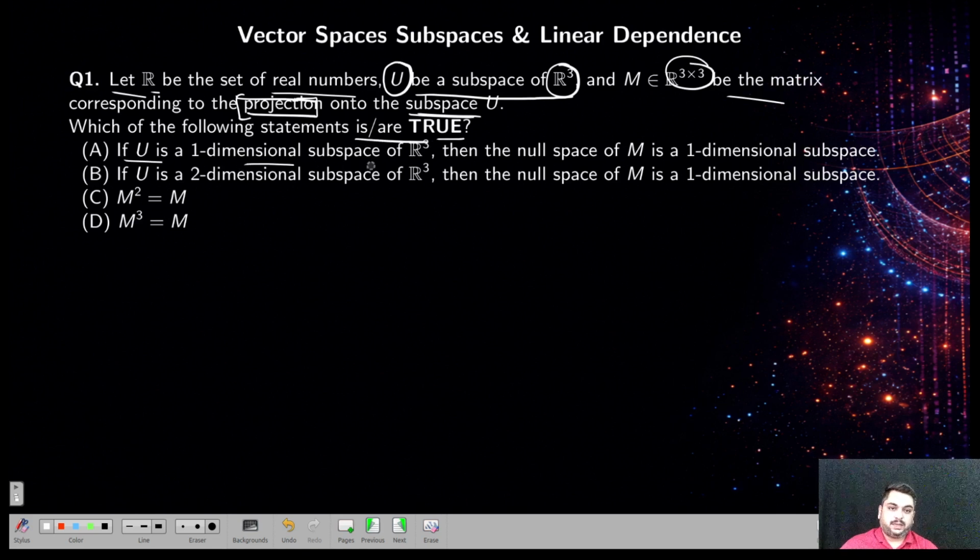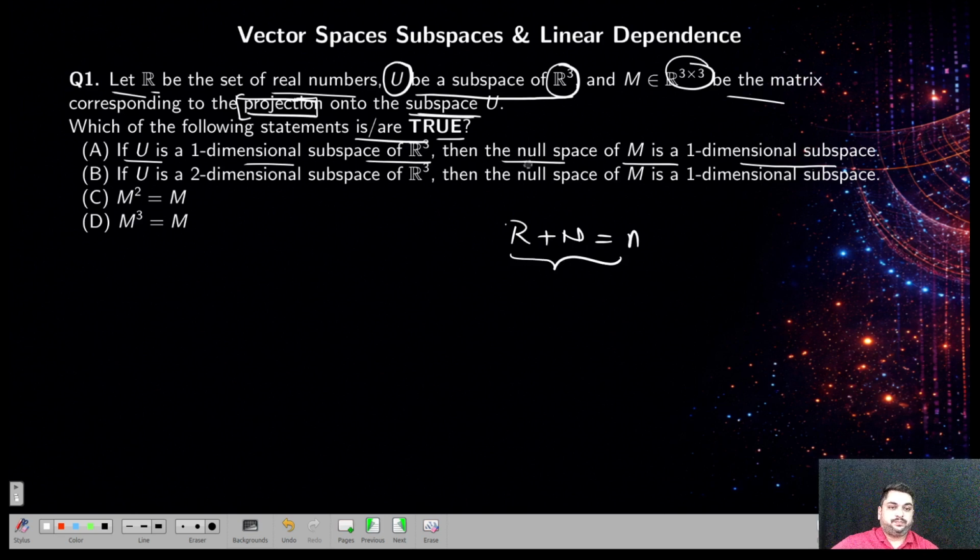If U is a one-dimensional subspace of R cube, then the null space of M is a one-dimensional subspace. See, the rank plus nullity is equal to your number of columns, right? So this is the rank nullity theorem.